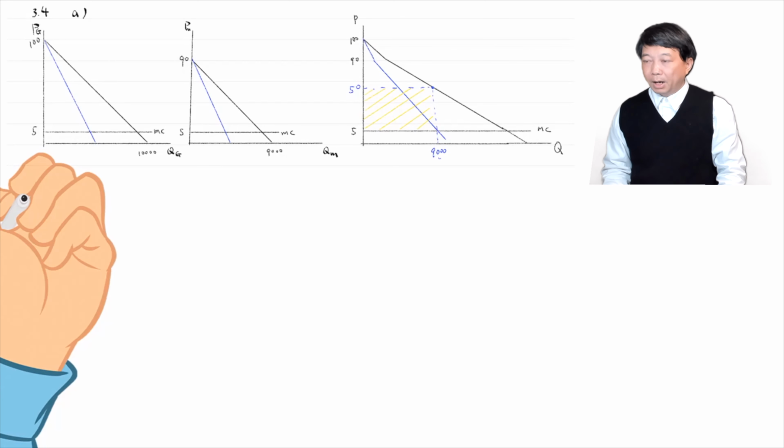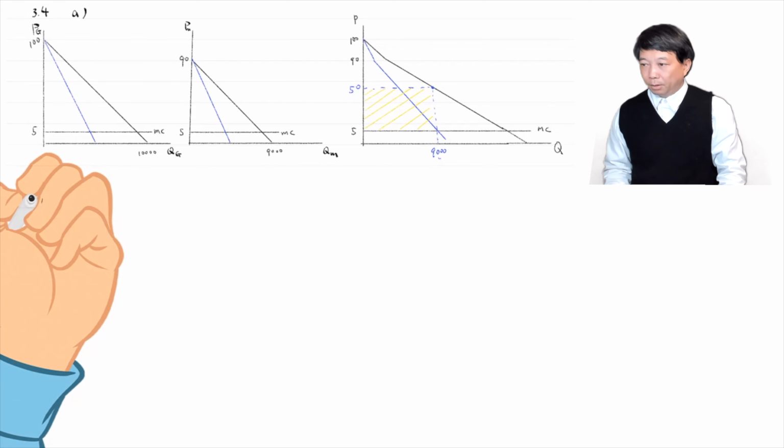The uniform pricing monopoly maximizes its profit by setting marginal revenue equal to the marginal cost at the optimal quantity. We need to derive the combined inverse demand function and the corresponding marginal revenue function.